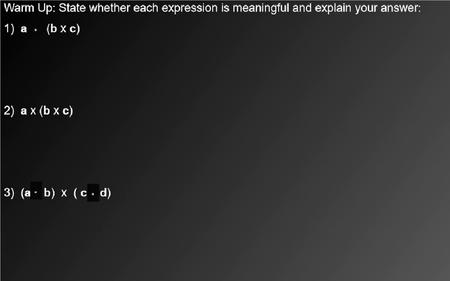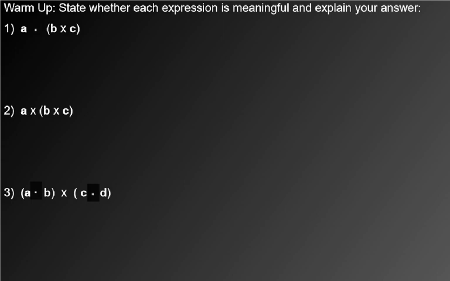I just want to start and go through a few of these dot and cross product relationships and make sure that we know when to spot things that don't make sense and when some of them actually could make sense. So the first one, the main thing here is to know that if you are doing a cross product, this is going to create a vector, whereas a dot product will create what we call a scalar, or just a number.